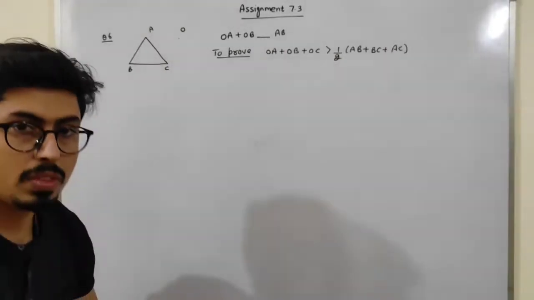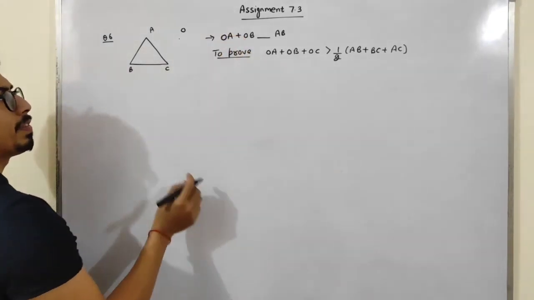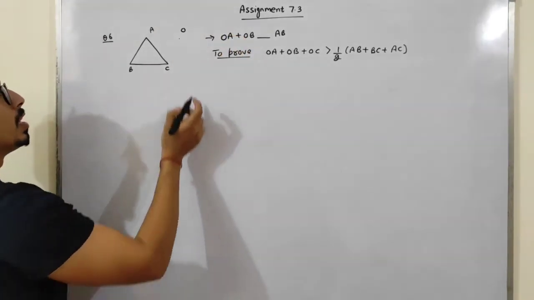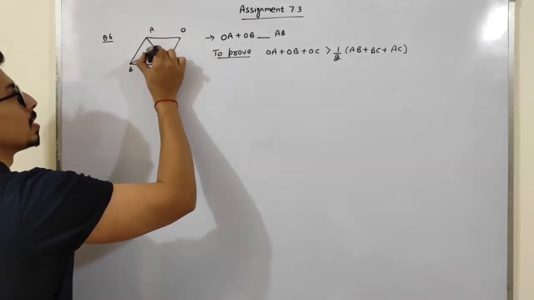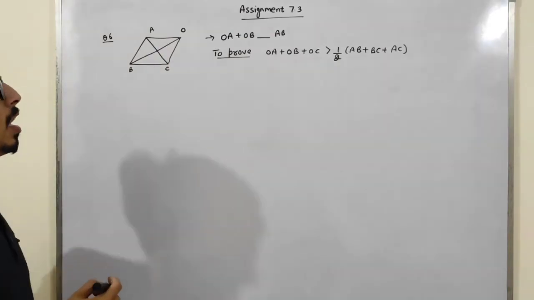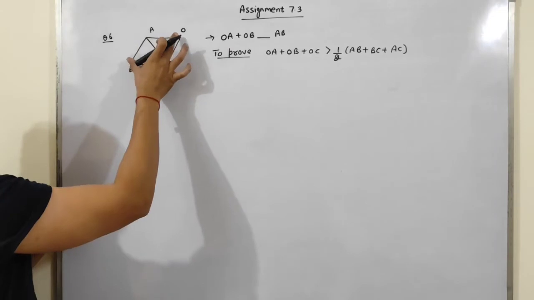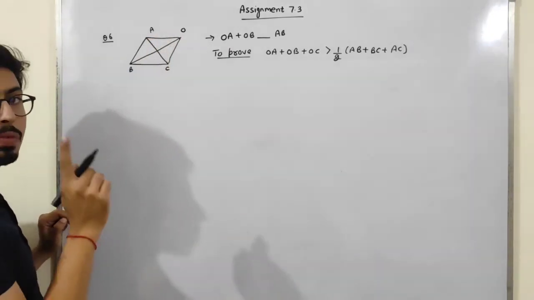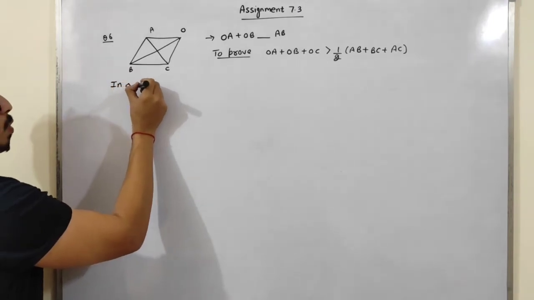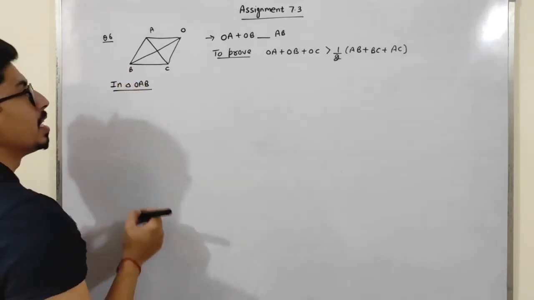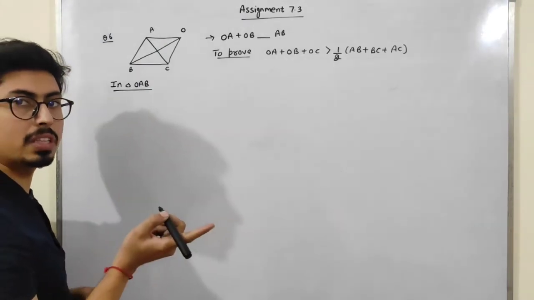So see, how can we do this, students? First of all, this is the first part that we have to do and this is the second part. First of all, just join them, students. Now OA, OB and AB we want. That means I will take triangle OAB. In triangle OAB, we know the property that the sum of two sides of a triangle is always greater than the third side.